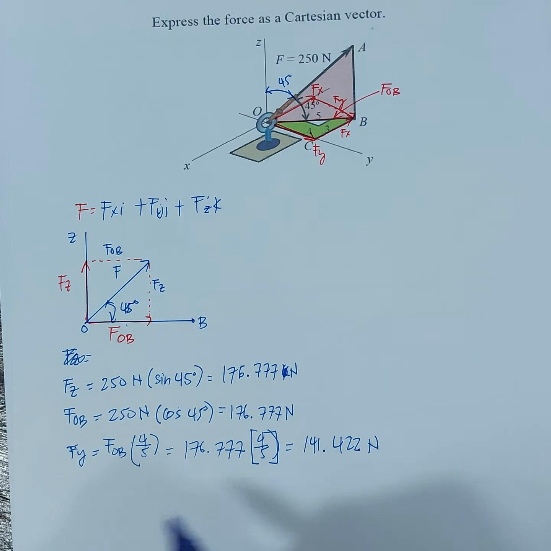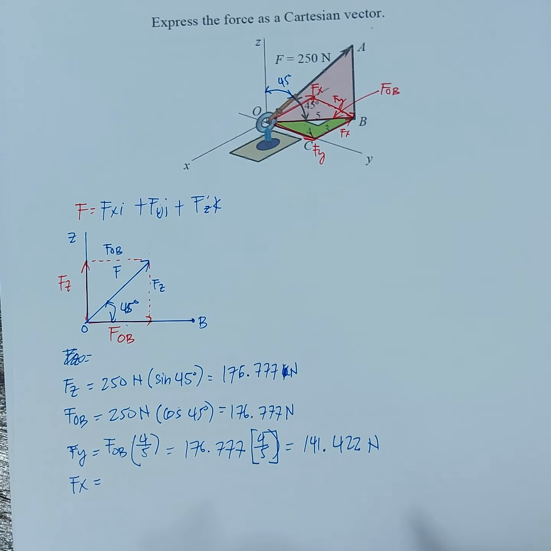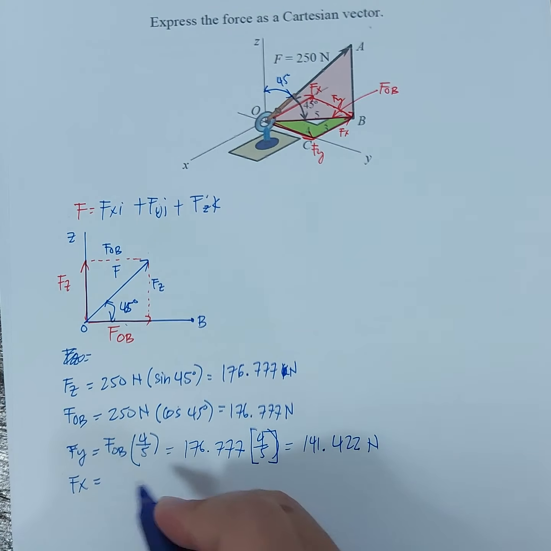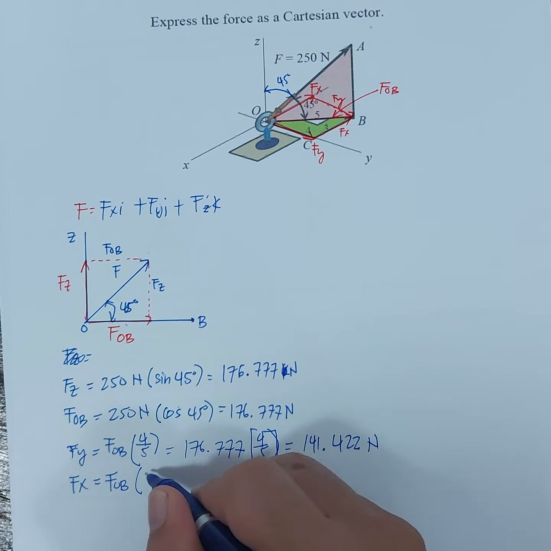Next, Fx naman. Fx is ito, parallel side ng x-axis is yung 3. So, FOB times 3 over 5. So, you have 176.777 times 3 over 5.